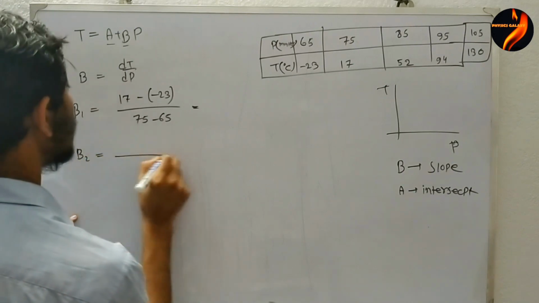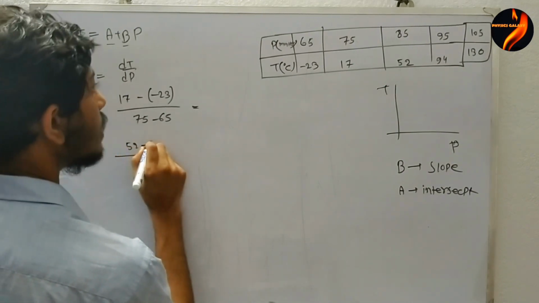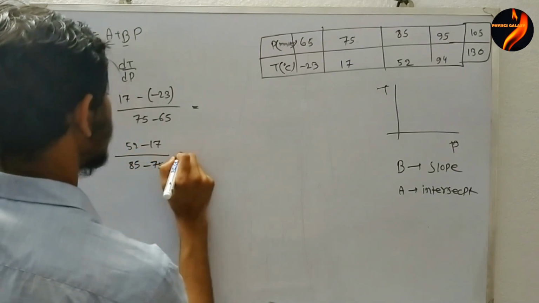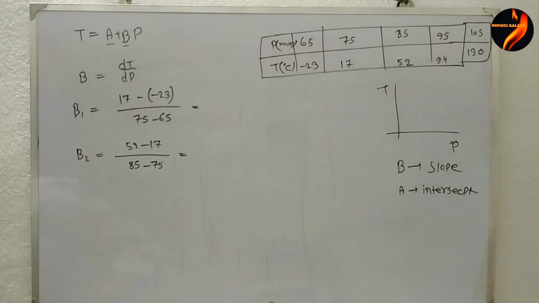B2 is similarly 52 minus 17 by 85 minus 75, and this will give another result.